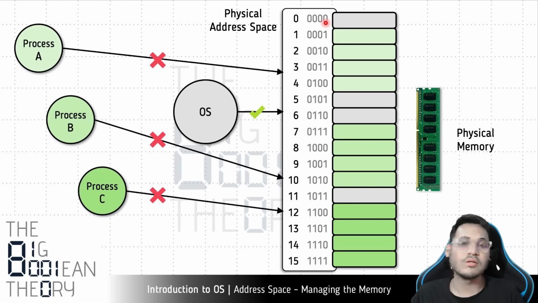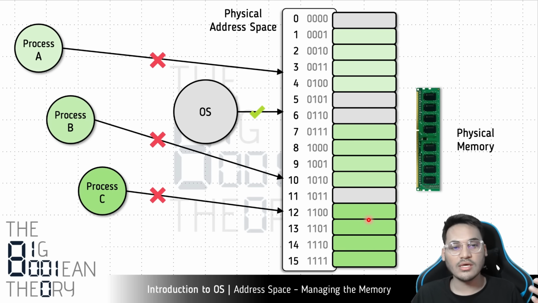So what this figure is trying to say is that these processes will not be able to access these addresses that are part of the address space of the actual memory in the system. Only the operating system will be accessing them. And as you can see, this memory also contains the data of these processes. This is the data for process A, this is for process B, and this is for process C.